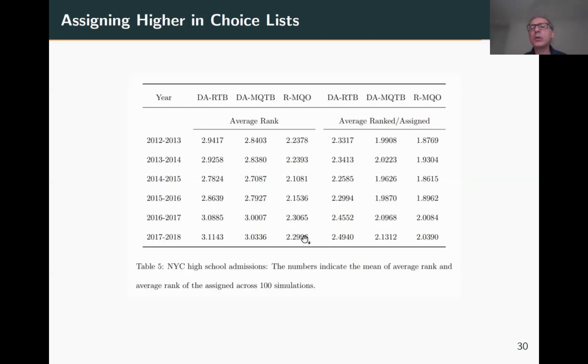This is among all students when we assume that all unassigned students are assigned to their last choice plus 1. When we do the same exercise among assigned students only, getting rid of the unassigned, the results are pretty similar and actually much more impressive. So this is what we obtain when we apply our methods.